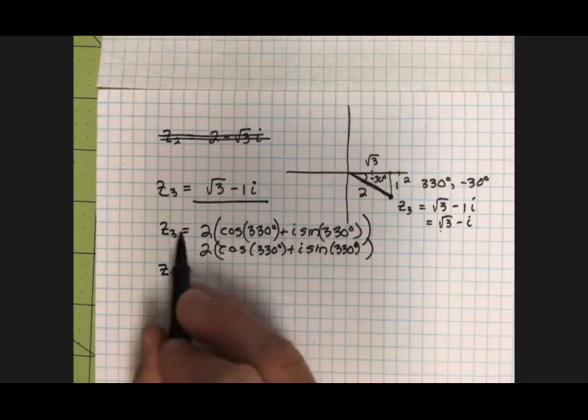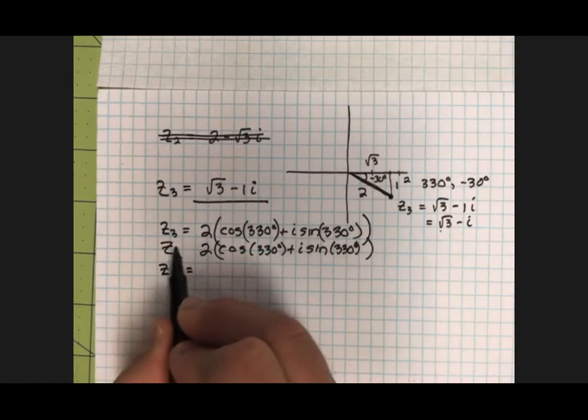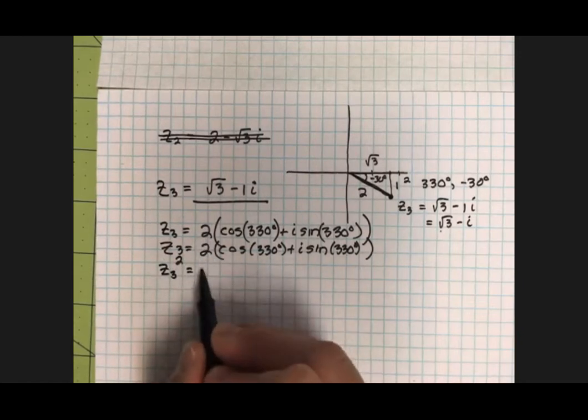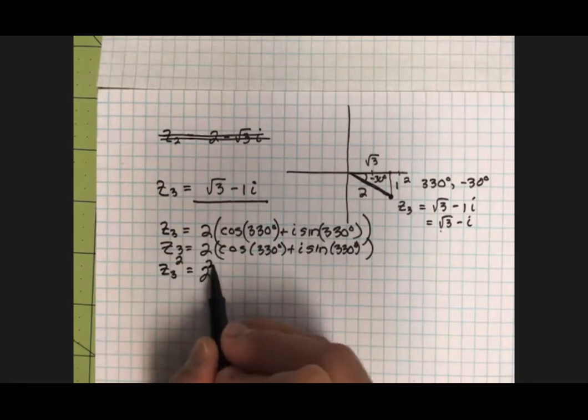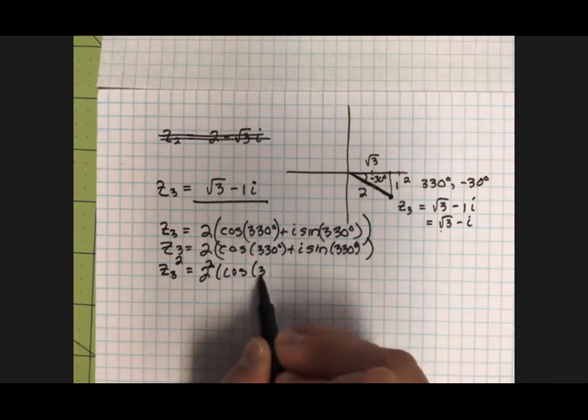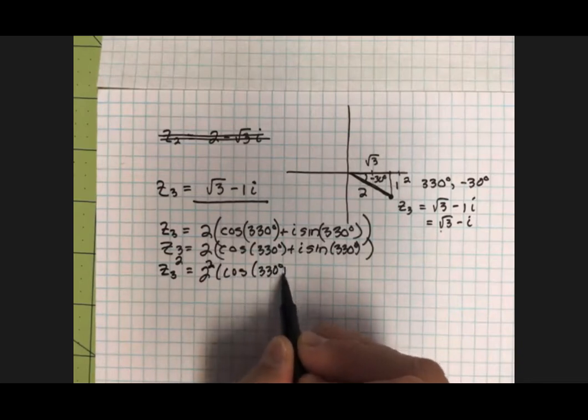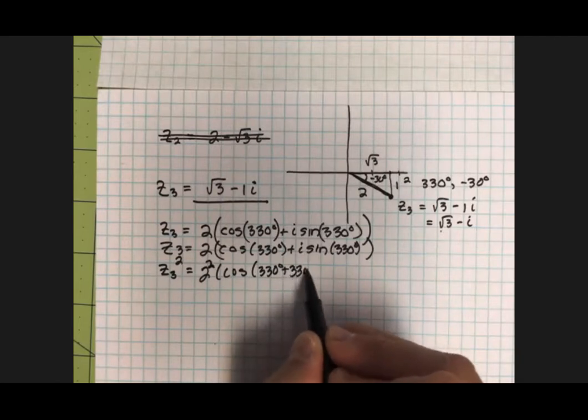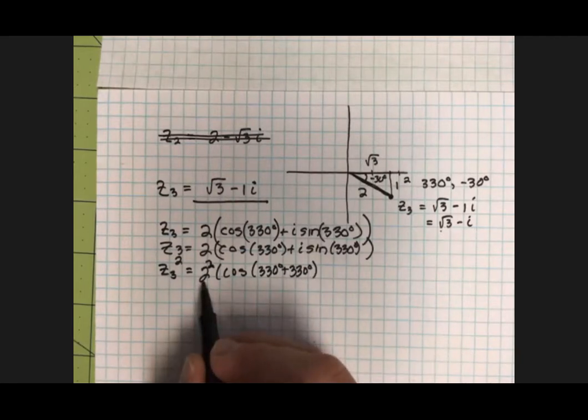How do I multiply this thing by itself? Well, I multiply 2 by 2 and get 4. 2 squared is 4. And I take cosine of 330 plus 330. I'd add the two angles and multiply the two radii.